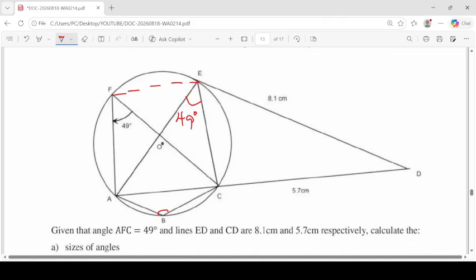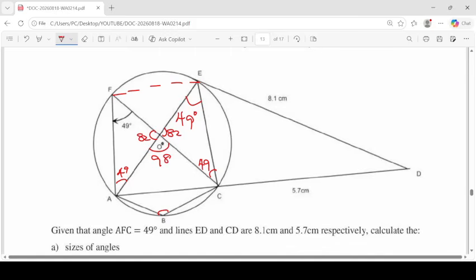If this is 49, this one also ought to be 49 because of the base angles, because this is the center. This is also 49. And if this 49 plus 49 is 98, 180 less 98, you'll get this as 82. If that is 82, we can also get this, because it will be 180 minus 82 to give you 98.